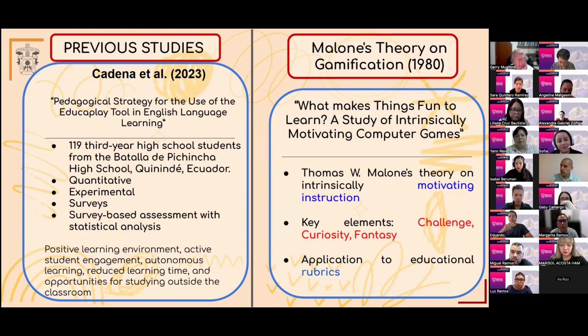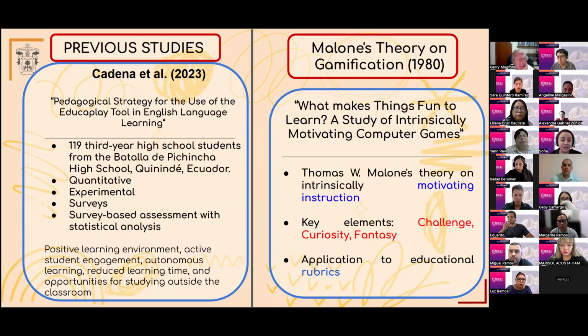On the other hand, we have the basis of the theoretical framework that will guide this study: the theory by Thomas Malone, 1980. He identifies three key elements in intrinsically motivating instruction: challenge, curiosity, and fantasy.